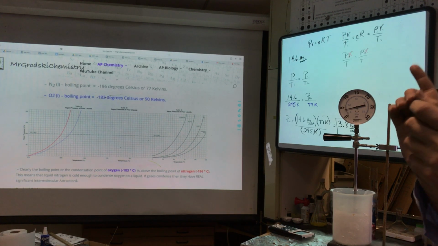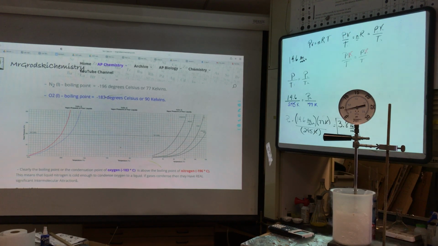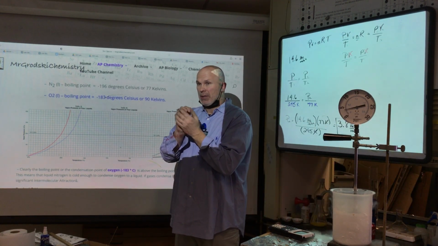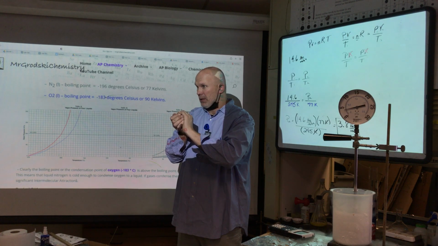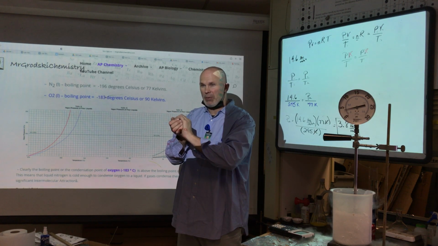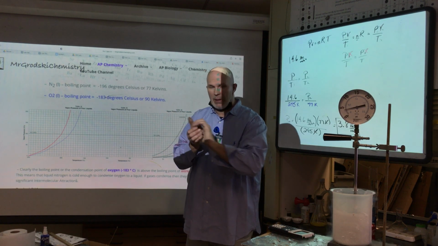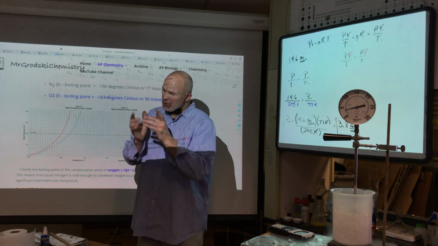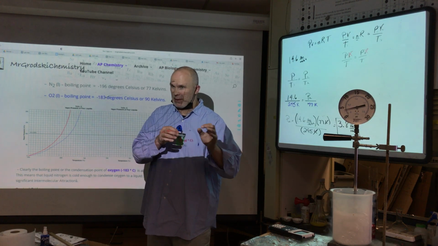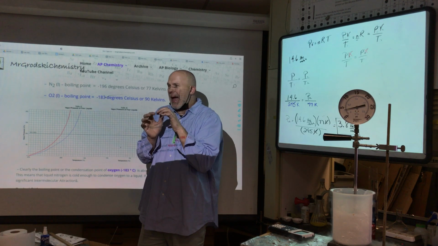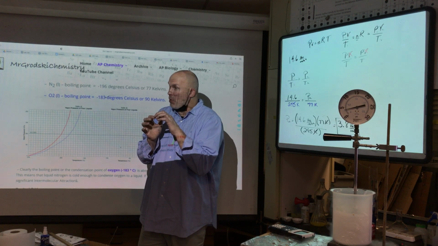The idea that this container is staying fixed volume is unrealistic. This volume got smaller. There's expansion due to heat, and there's constriction due to cold. The atoms in the metallic substance, the stainless steel container, iron, chromium, are now packed a little tighter because they're not moving as much.